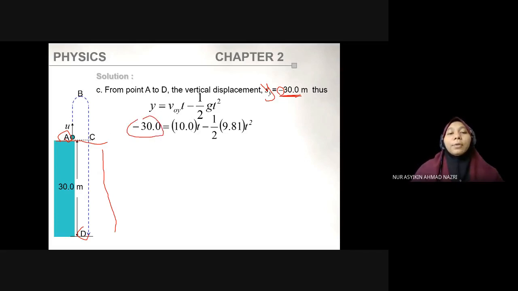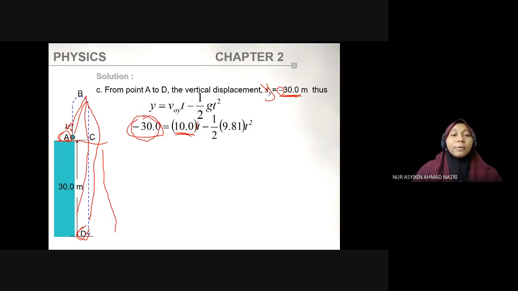Okay. V not Y. Kenapa V not Y tak negatif? Memang tak negatif sebab V not Y ni kat sini. Okay. Sebab kita nak masa dari the travel A to D. Right. So from A to D, then since this is a vector, we are not going to take all the distance from here to here. That's why your Y is only negative 30.